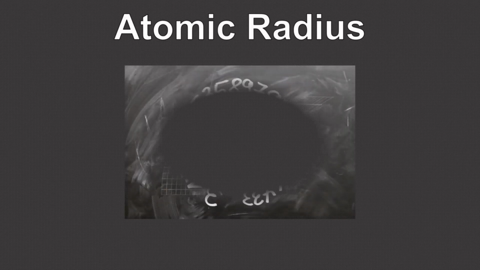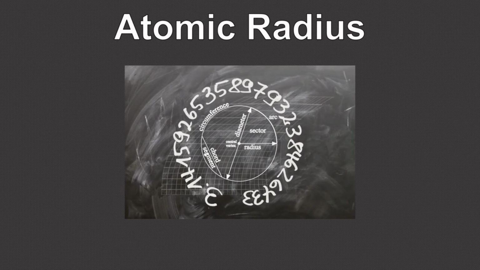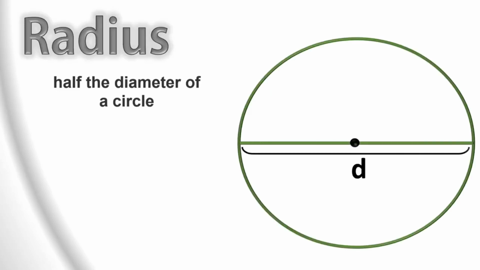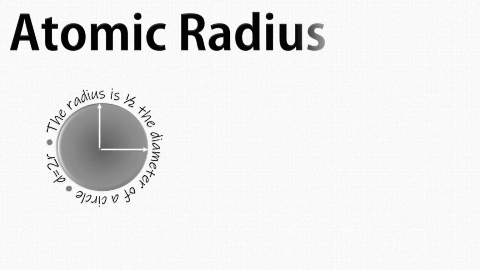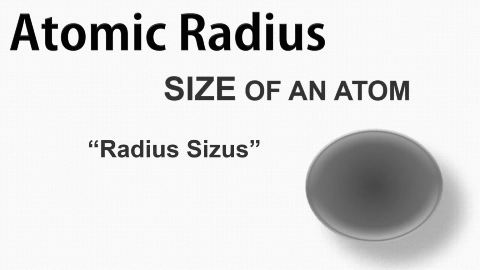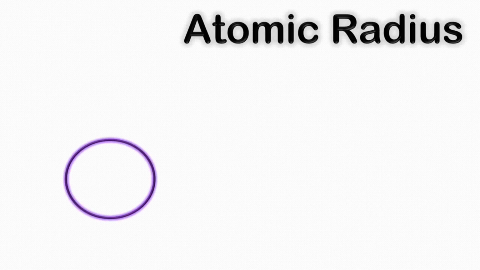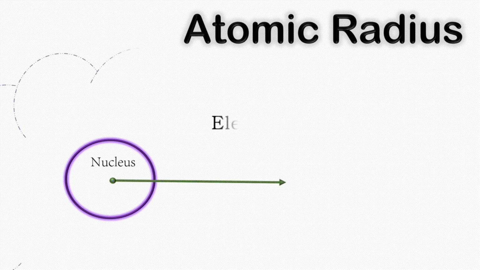Atomic radius. This is the size of the atom. Remember that radius is half a diameter, is it not? Yes. So we'll talk of the atomic radius. I'm talking about the distance of the nucleus of an atom from its electrons, is it not? But there's a problem with this measurement. Why? Because remember that from quantum theory, we only have the possibility of finding an electron in an orbital.